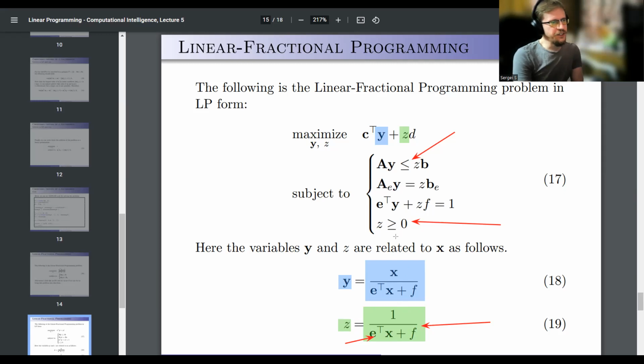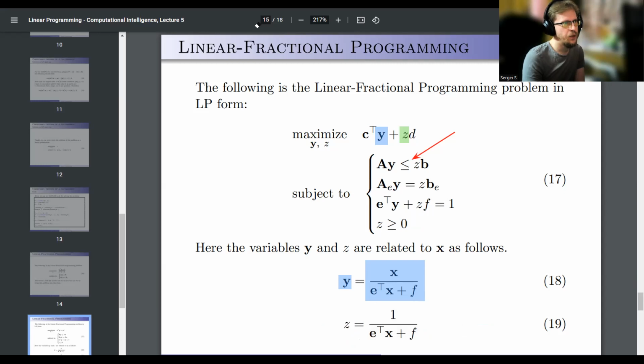Now, if z is positive, that means 1 divided by something is positive. The only thing you can divide 1 by to make a positive number is a positive number. If you divide 1 by a negative number, you get a negative number. So since z is positive, we can deduce that this guy would also have to be positive.